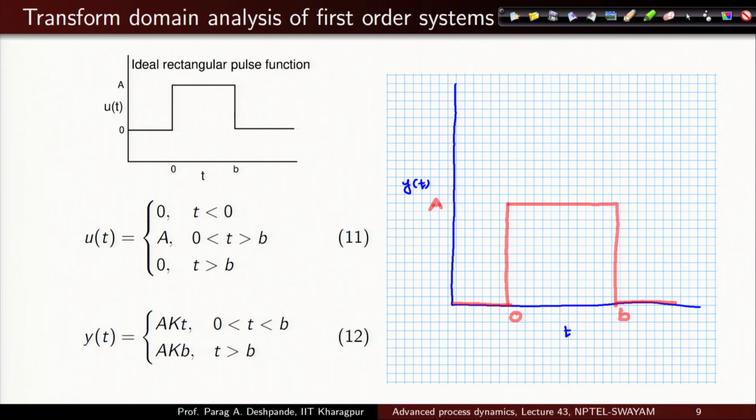Therefore, for time between 0 and b, you have a straight line solution A k t, and for t greater than b, it is a constant. So, it is a completely different behavior. Otherwise, what would you have expected? You would have expected some behavior like this, but instead of decaying, the system does not come down, it becomes constant.